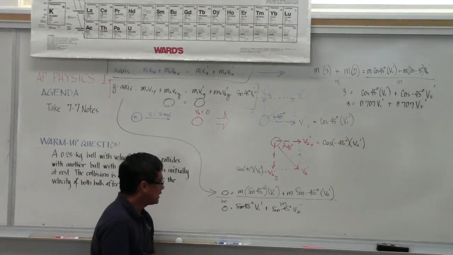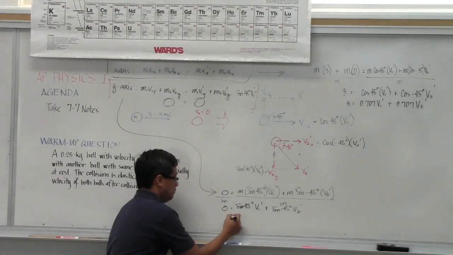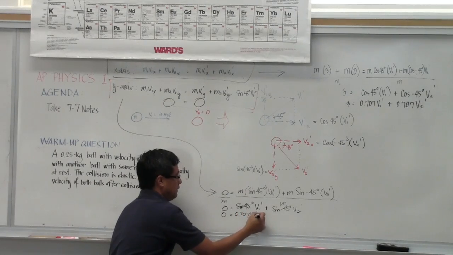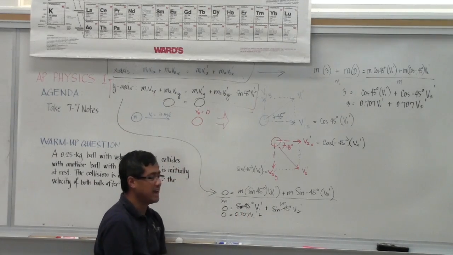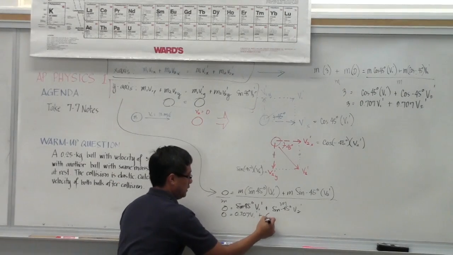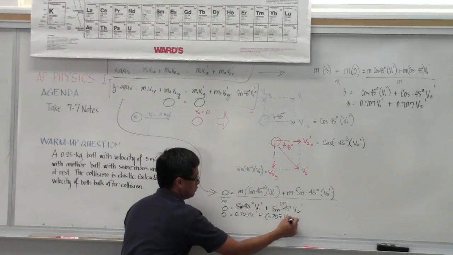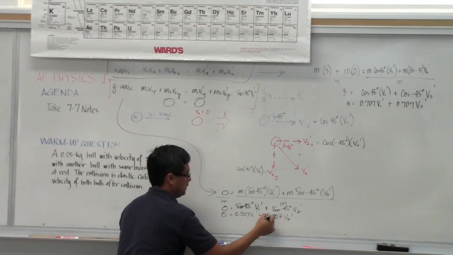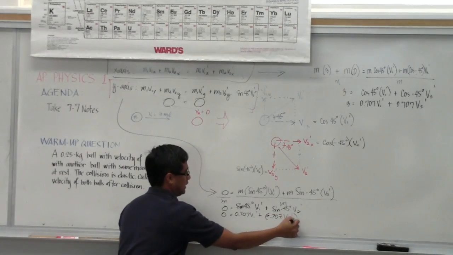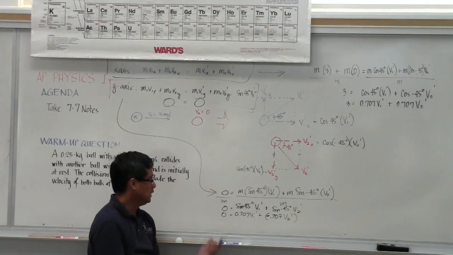Can somebody get a calculator and get sine 45? 0.707 V1 prime. What about sine negative 45? Negative 0.707 V2 prime. Be careful with that, that's a negative. Equals 0.